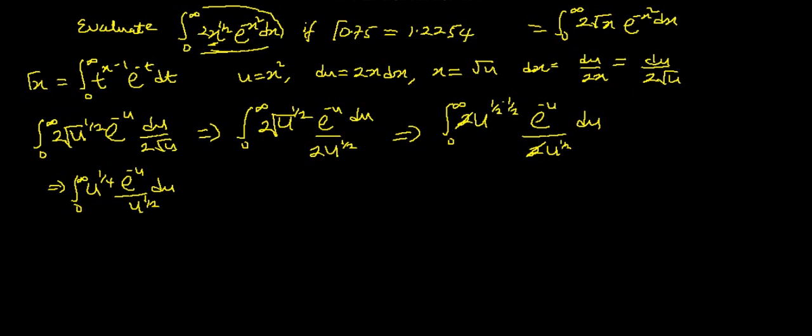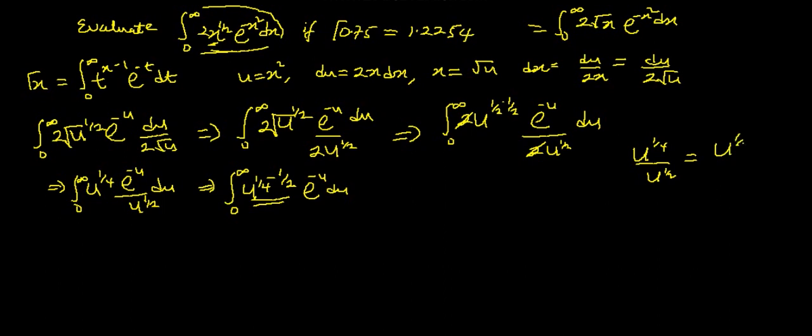Now this can also be broken down to the integral from 0 to infinity of u raised to the power of 1 over 4 minus 1 over 2 exponential minus u du. This is from the law of indices, where you have u raised to the power of 1 over 4 divided by u raised to the power of 1 over 2, which is equal to u raised to the power of 1 over 4 minus 1 over 2.